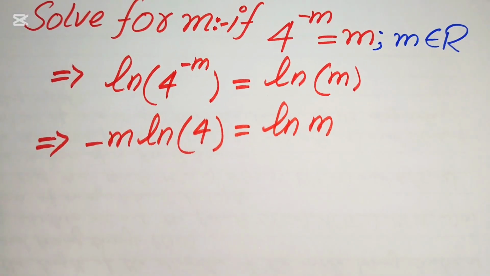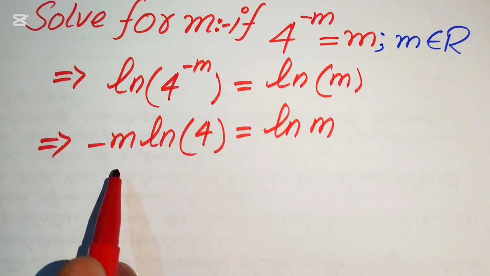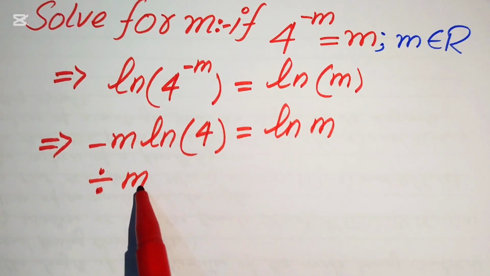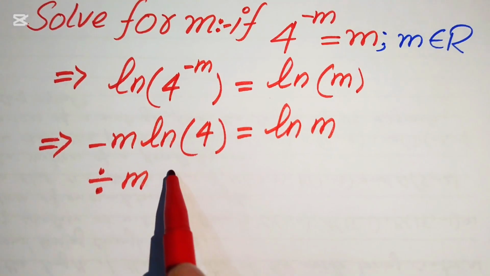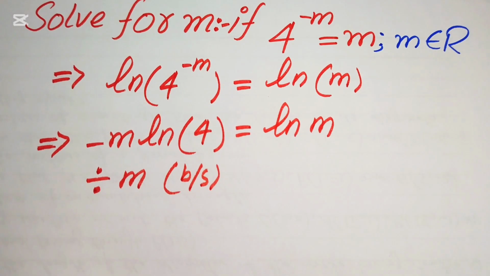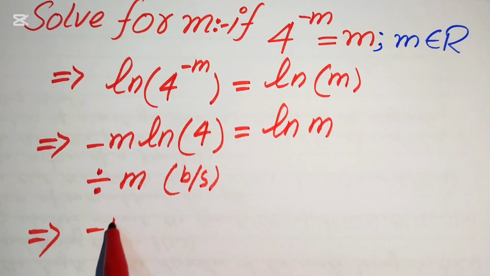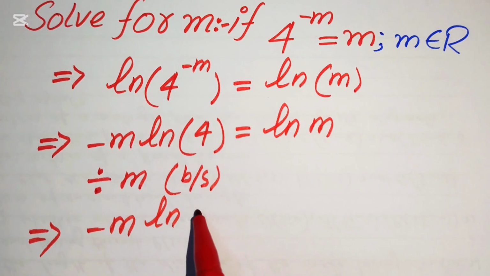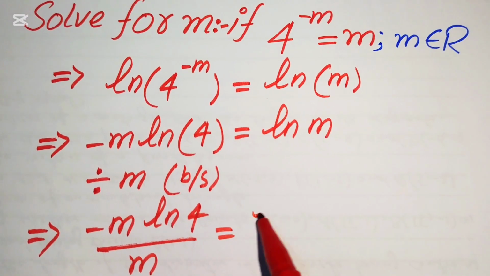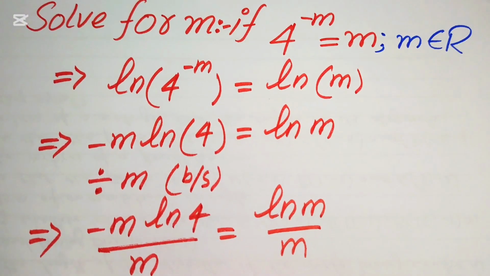In the next step, we need to move this m to the right hand side, so we just divide both sides by m. When we divide both sides by m, it will be written as minus m log of 4 divided by m equals log of m divided by m.